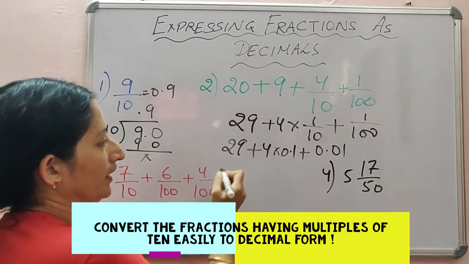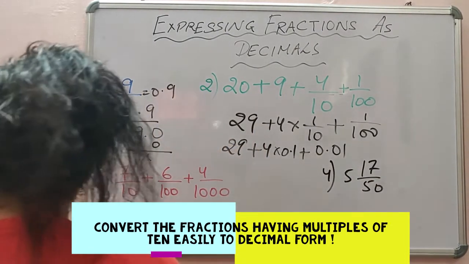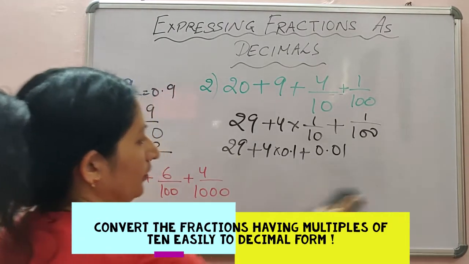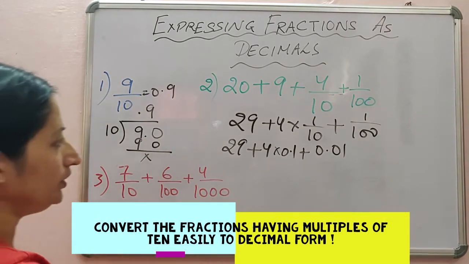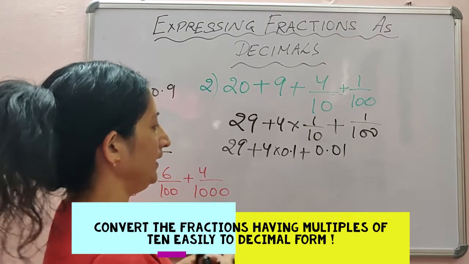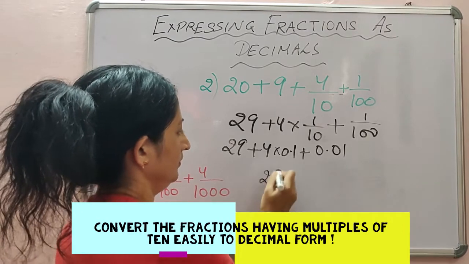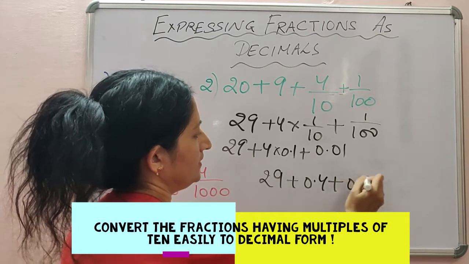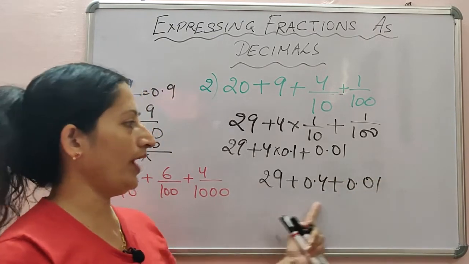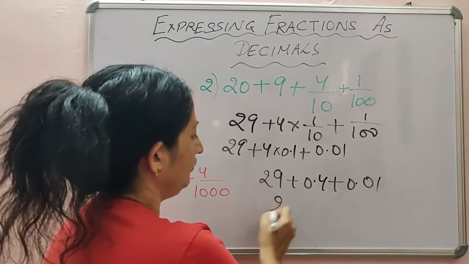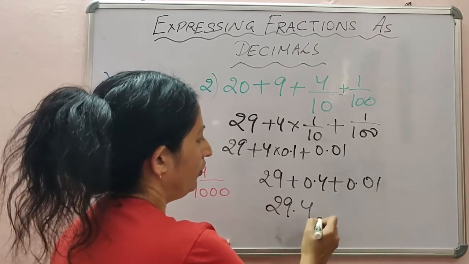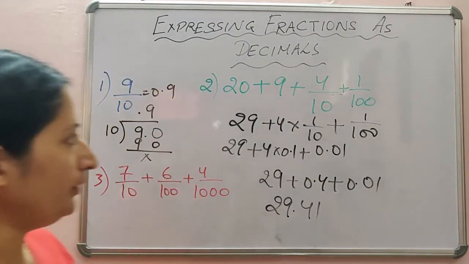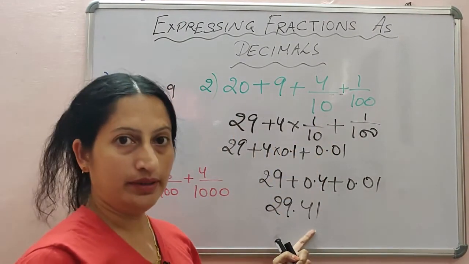So it will become 29 plus 0.4 plus 0.01. So when you add it up, it will be 29.41. So this will be your answer. I hope you have understood this problem.